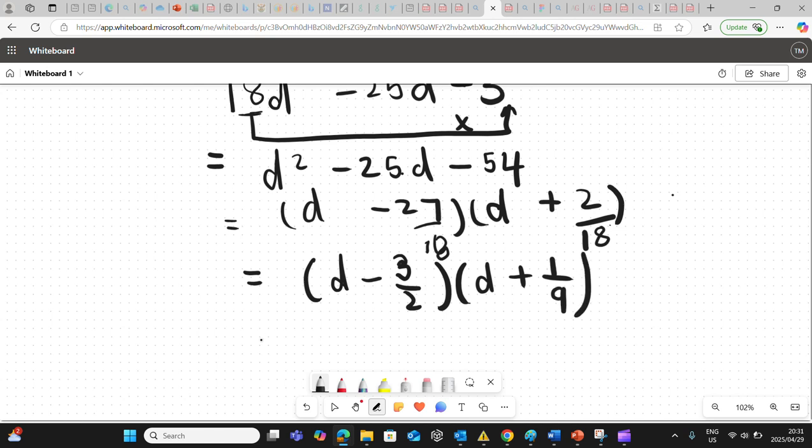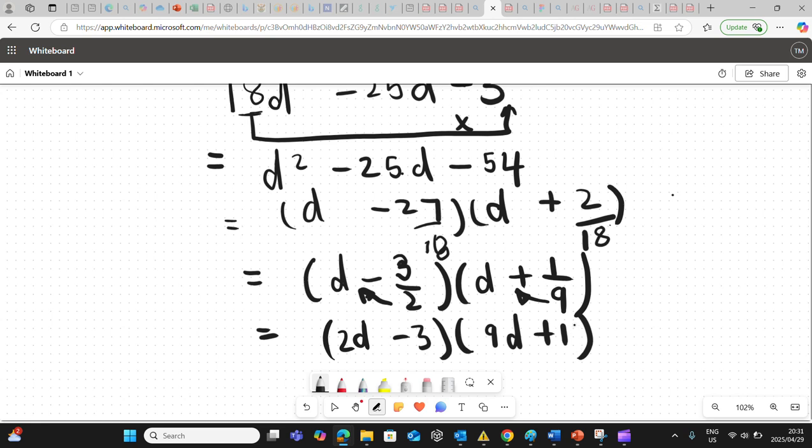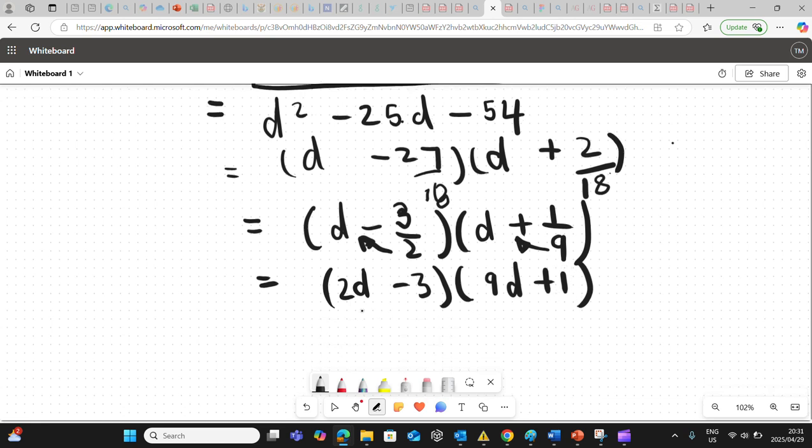So always simplify them first, and then now we can times across. This one times is the d there to give me a 2d minus a 3. And then this one times is across as well to give me a 9d plus a 1. And now that is our final answer.